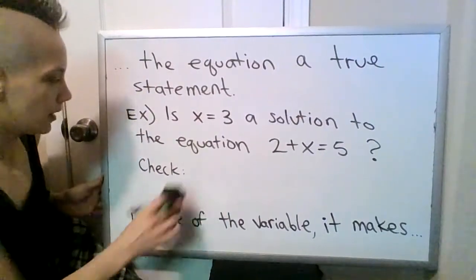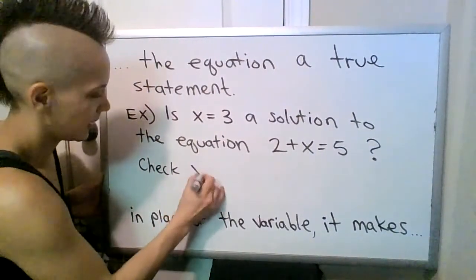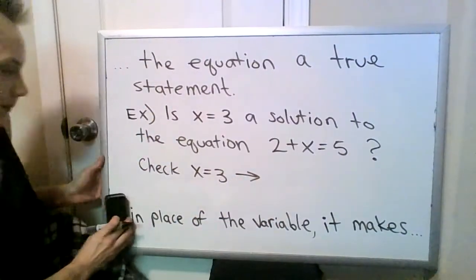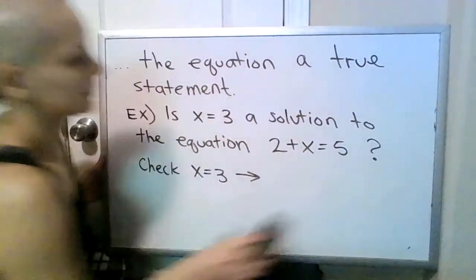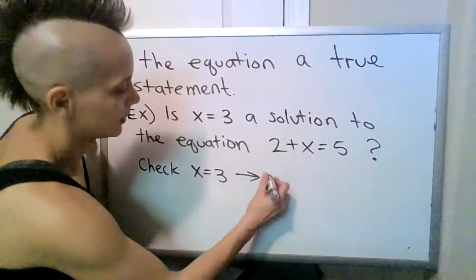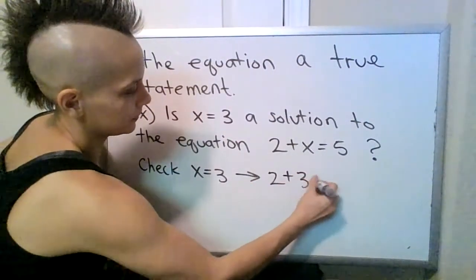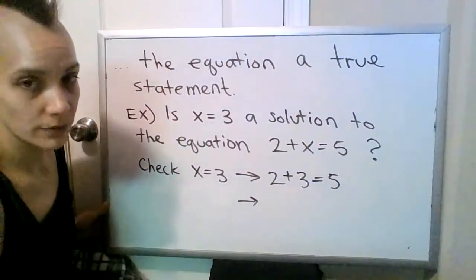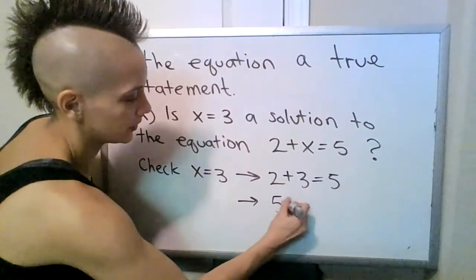So let's go with check. 2 plus 3 equal to 5. So 5 equal to 5. Yep, that's true.